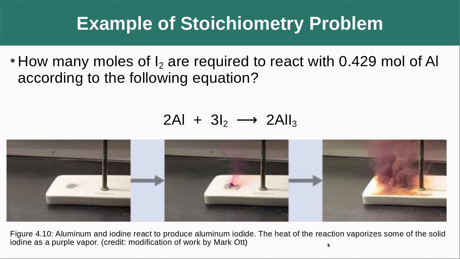How many moles of I2 are required to react with 0.429 mole of aluminum according to the following equation? So for every 2 moles of aluminum plus 3 moles of I2, we're going to get 2 moles of aluminum iodide.